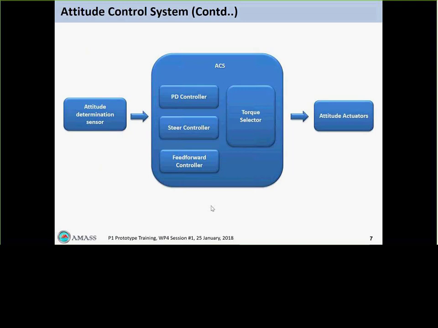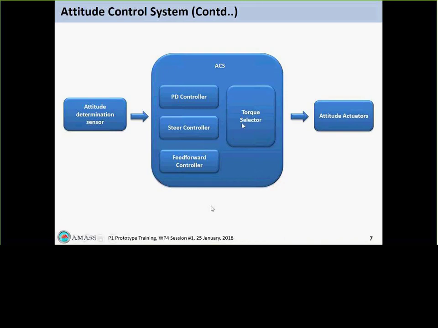This system which we have been defining as an attitude control system is composed of 4 components in our implementation. The first component is a PD controller, and the second component we call steer controller. The third component we call feed forward controller. These all 3 components are implementing the controller with different strategies, and they compute the control torque to be applied on the satellite body.